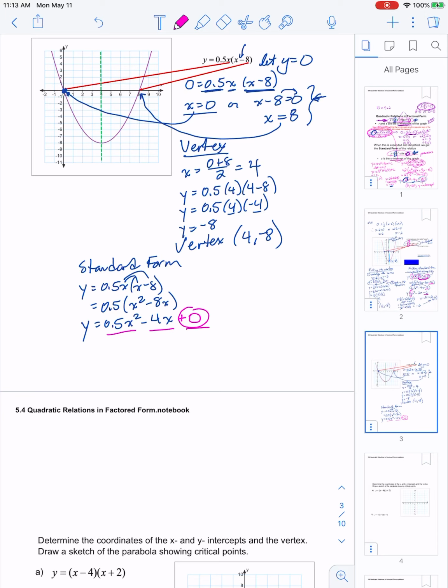So then that means that the y-intercept is 0, 0, which we can see on the graph right here. It's crossing the y-axis at 0, so that makes sense. And again, just to show, for the y-intercept, you let x equal 0, which is going to get you y equals 0.5 times 0 times (0 minus 8), which is just equal to 0.